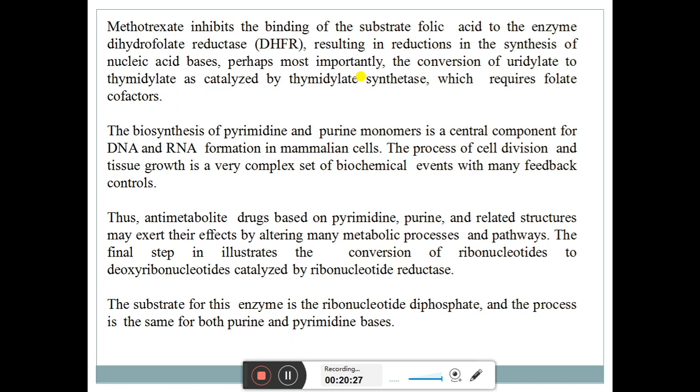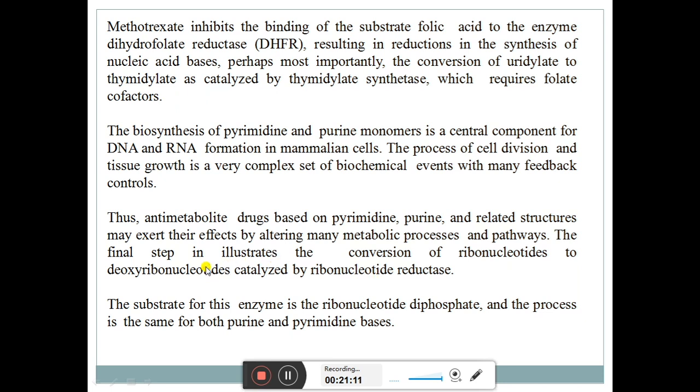The process of cell division and tissue growth is a very complex set of biochemical events with many feedback controls. Thus, antimetabolite drugs based on pyrimidine, purine and folate and related structures may exert their effects by altering many metabolic processes as well as metabolic pathways. So the final step illustrates the conversion of ribonucleotide to deoxyribonucleotides catalyzed by the ribonucleotide reductase enzyme.